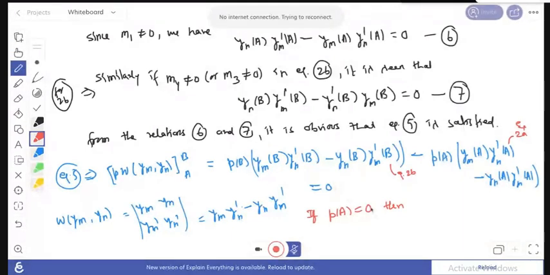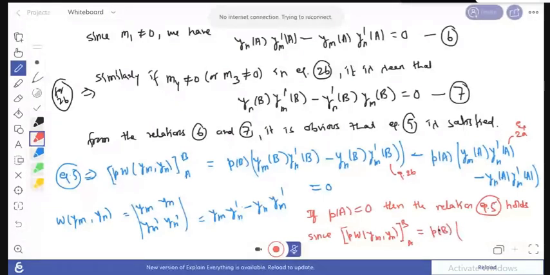So if p equals 0, then the relation, that is equation 5, holds. It holds since p of w of yn with a and b equals pb and this thing, only this thing, because p equals 0, so this becomes 0.